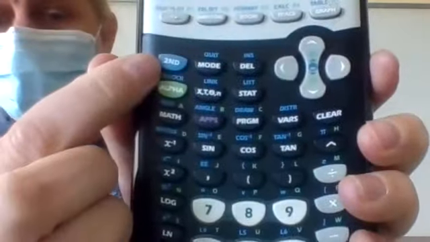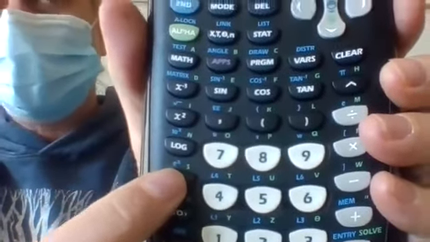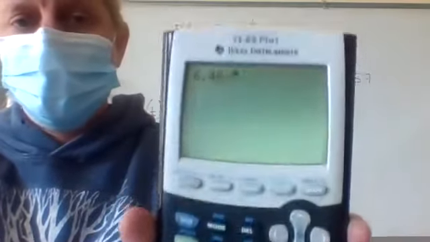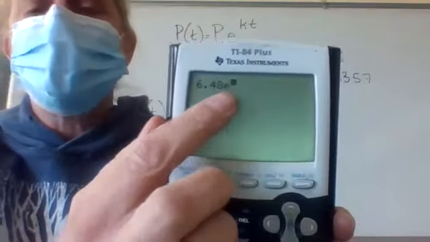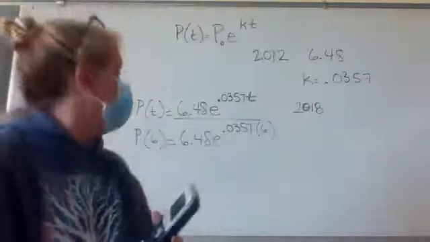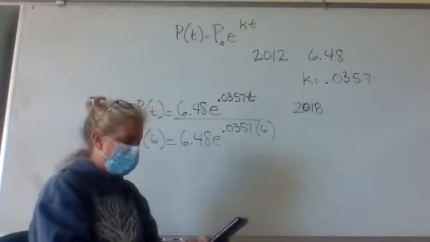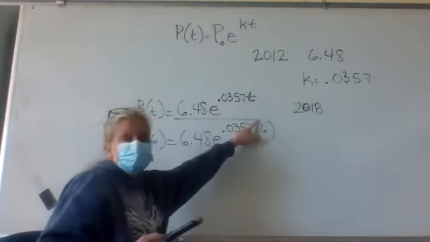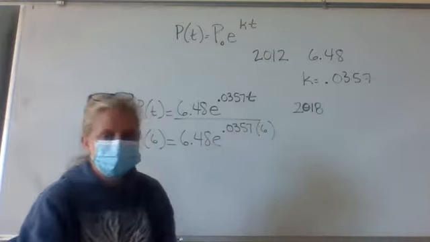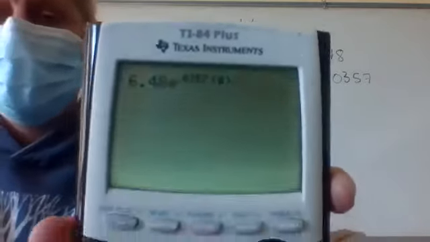It's the second button and then the LN, because E to the X is that blue. So second, LN. If you have the TI-84, it's going to put you up into the exponent. So type in exactly what your exponent says: 0.0357, open parentheses, 6, close. Hit enter.